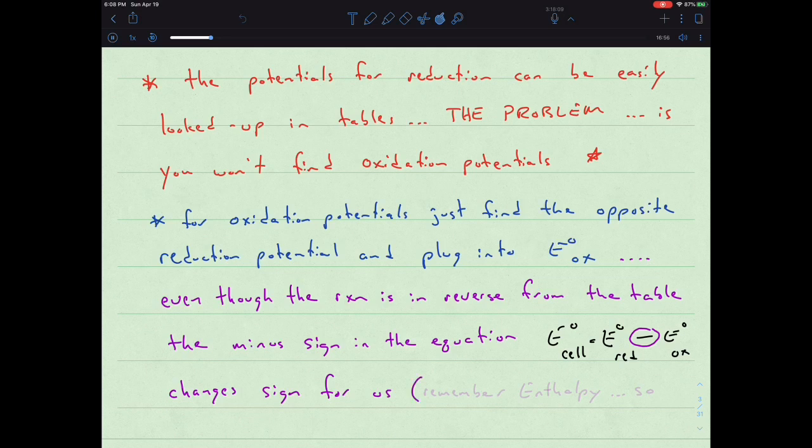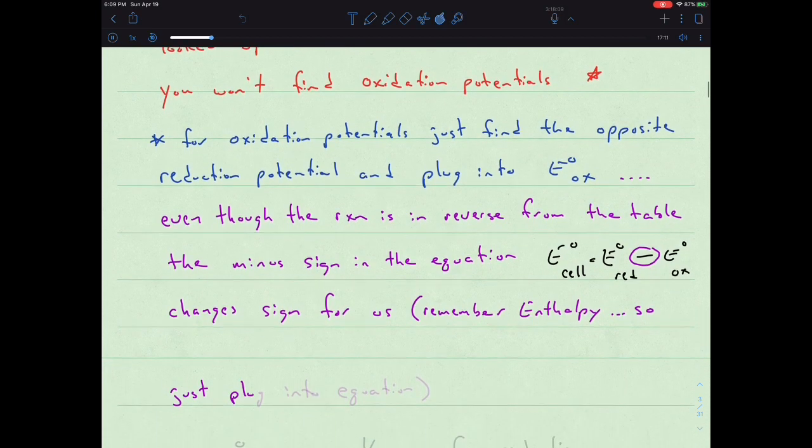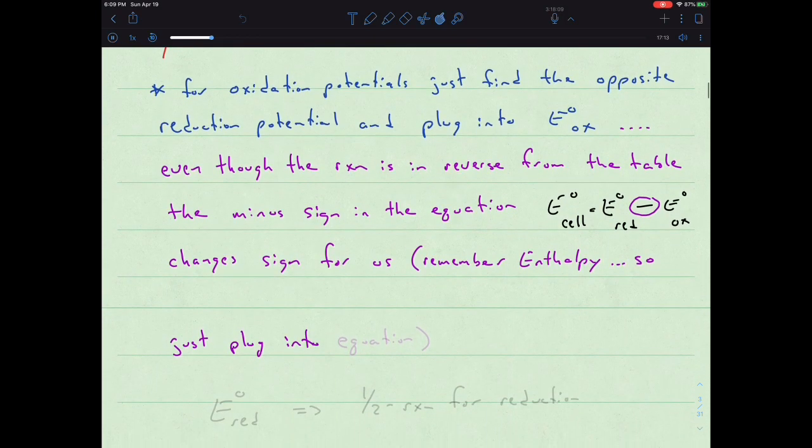And that's just kind of an enthalpy idea. So just plug into the equation.